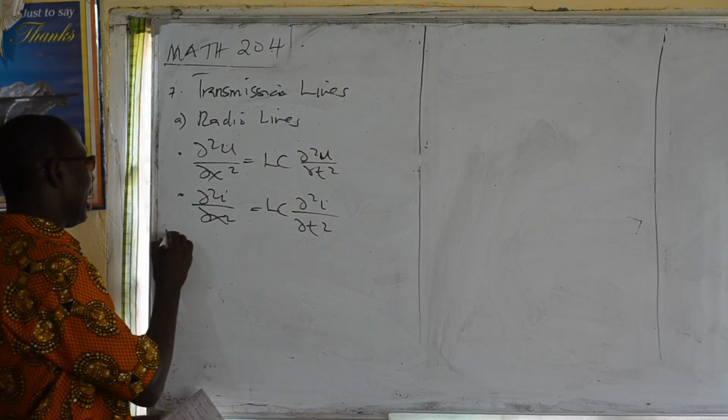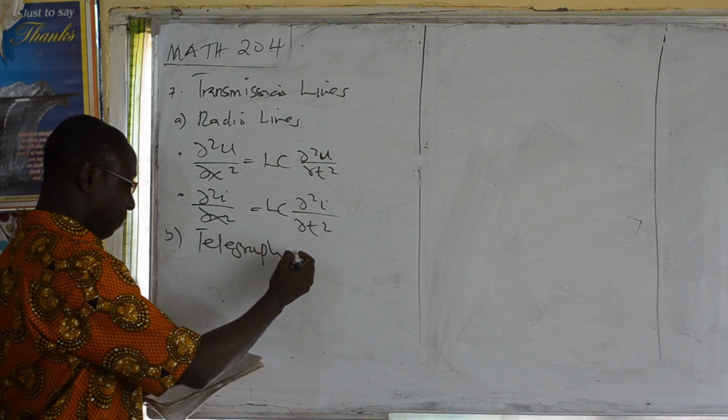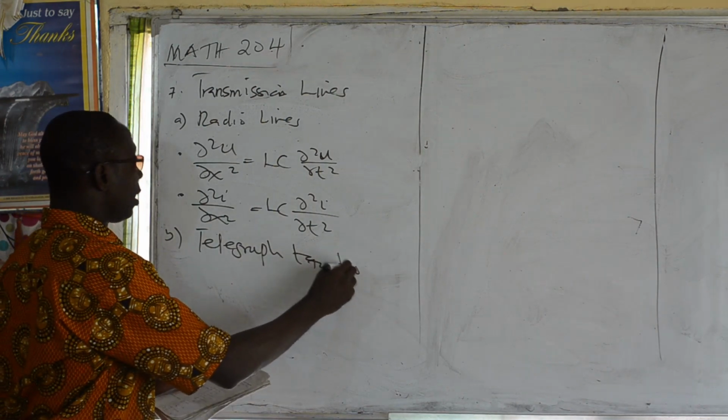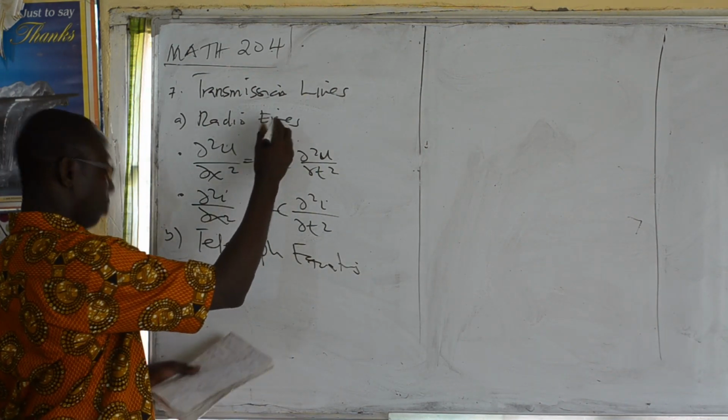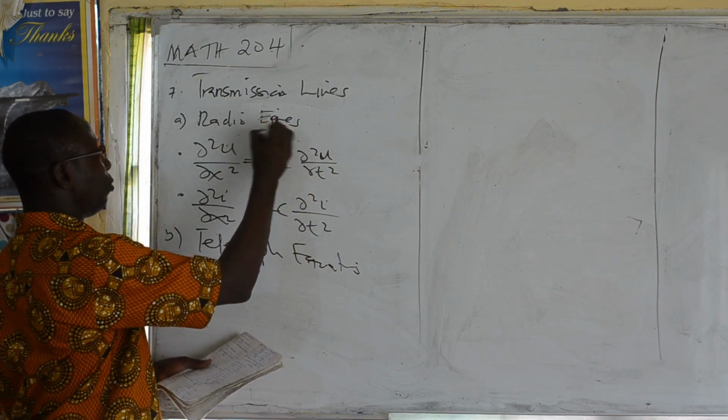Compare it with the other line, telegraph. Telegraph equations. This one I should have written as radio equations, or else radio lines; they are the same, but normally they write radio equations.